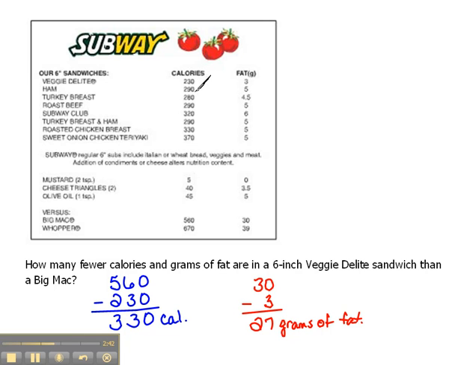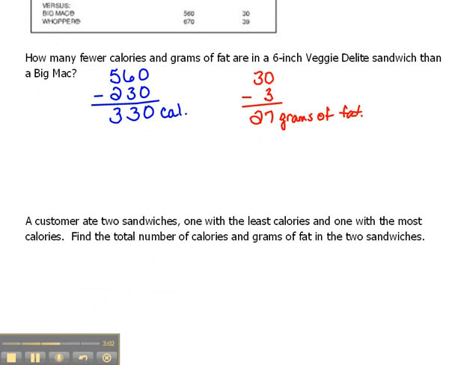Well, if we look up here at our list, it looks like the Veggie Delight has the fewest calories. And then it also said they ate the one with the most calories. So here again we're looking in our list and it looks like the most calories is the sweet onion chicken teriyaki.